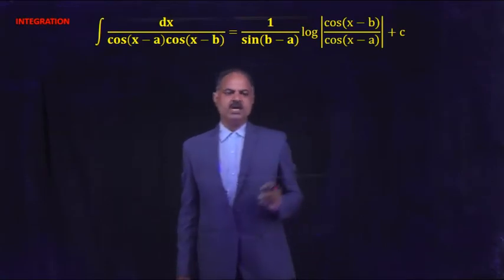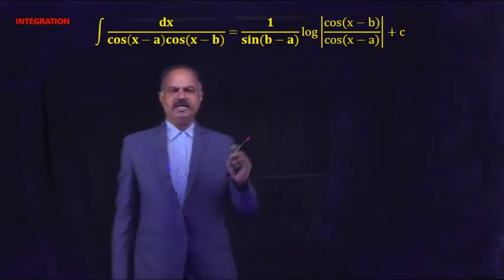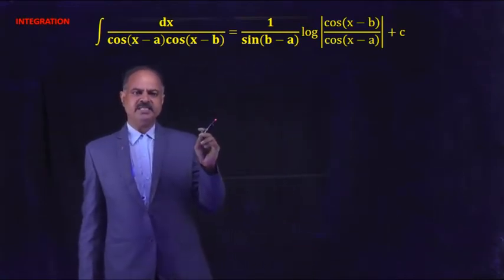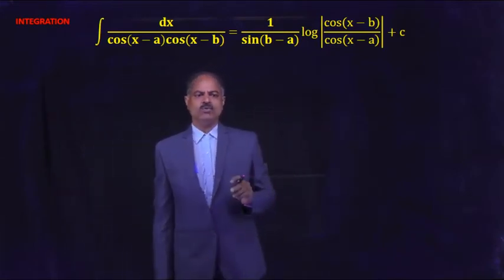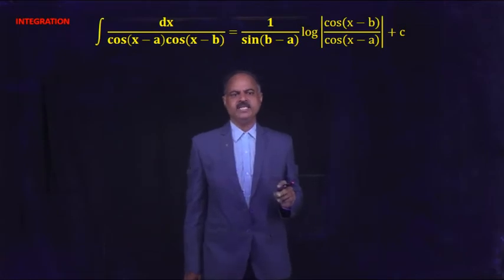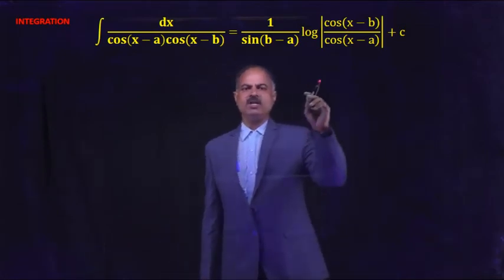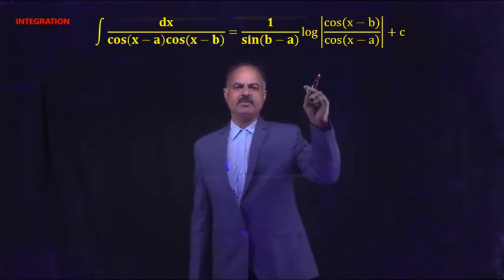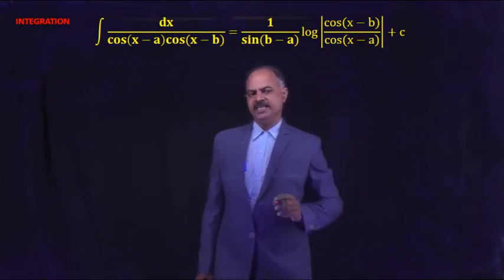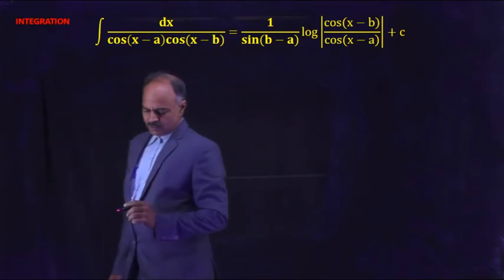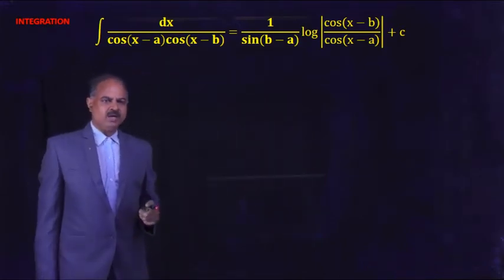Next formula, integral dx by cos(x minus a) into cos(x minus b) equal to 1 by sin(b minus a) into log modulus of cos(x minus b) by cos(x minus a) plus integration constant c. We prove this formula.